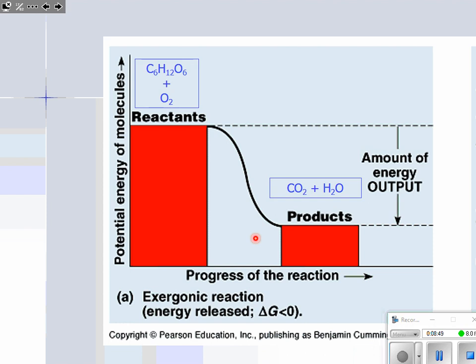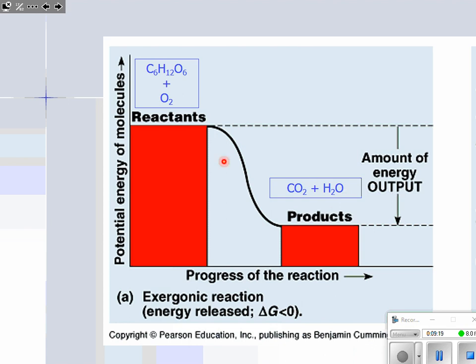And this is the example of aerobic cellular respiration, where we have a high energy glucose molecule. Glucose has a large amount of stored energy. We use oxygen to break down the chemical bonds in the glucose, and at the end of the chemical reaction, we have products, carbon dioxide and water, which are very low energy.